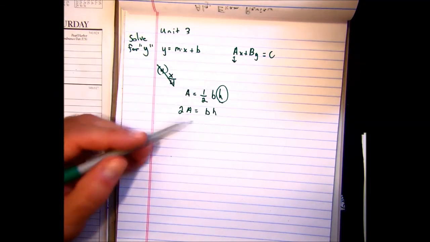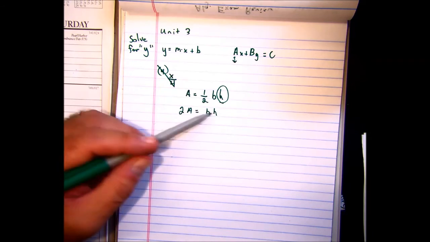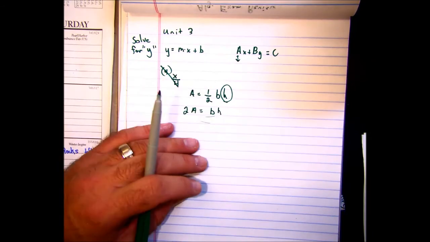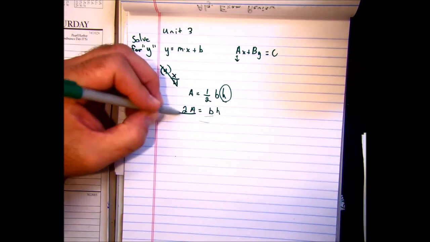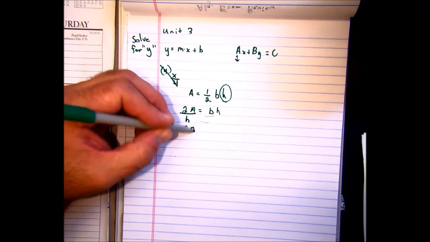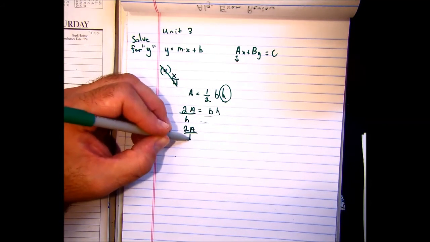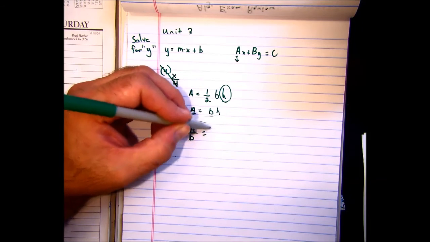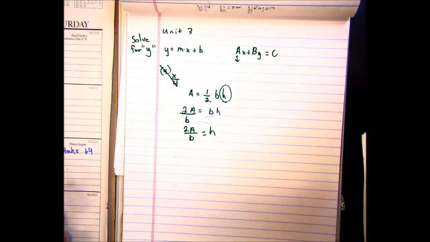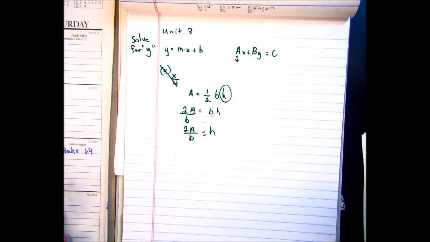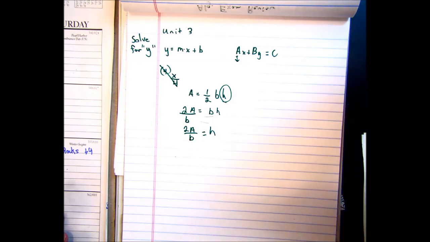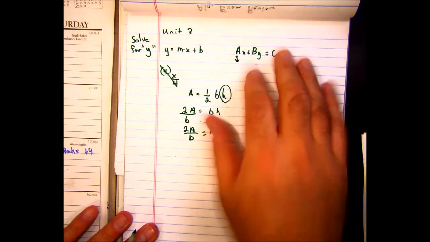And then which one do I need to move, b or h? B. So I divide by b, and that's the answer for what h is. Literal equations, being able to work forwards and backwards, that was the functional key for Unit 3.